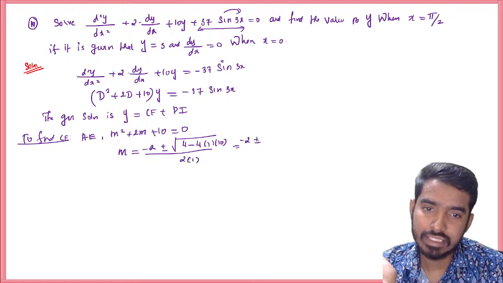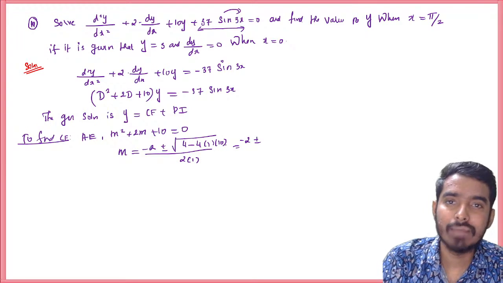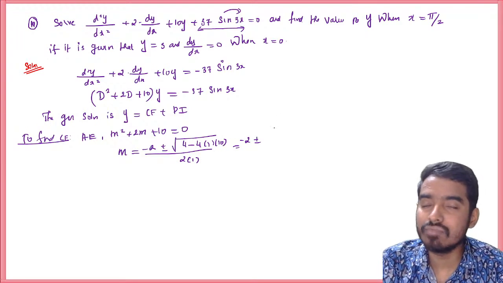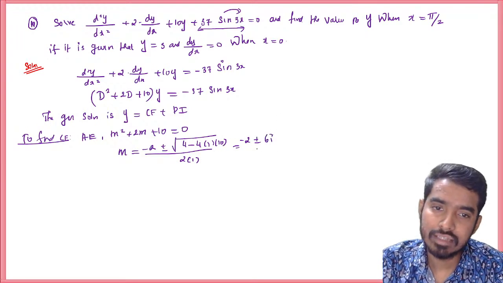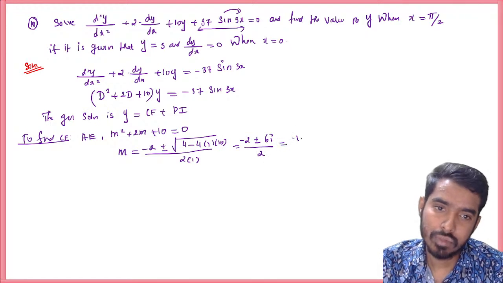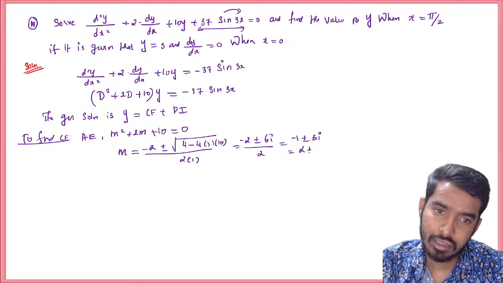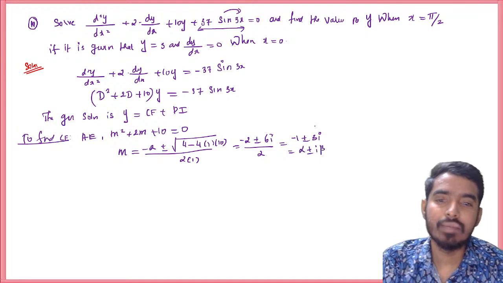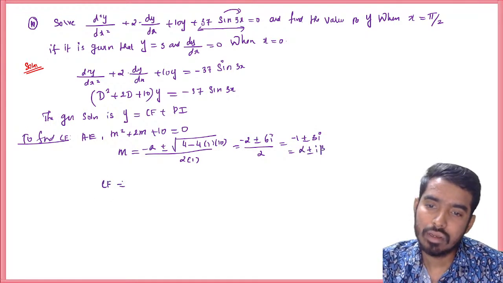So minus 2 plus or minus, this will be 4 minus 40 is minus 36. Root of minus 36 is 6i divided by 2. So we will have minus 1 plus or minus 3i. If we take i outside, it is of the form alpha plus or minus i beta. So we have one pair of complex roots.